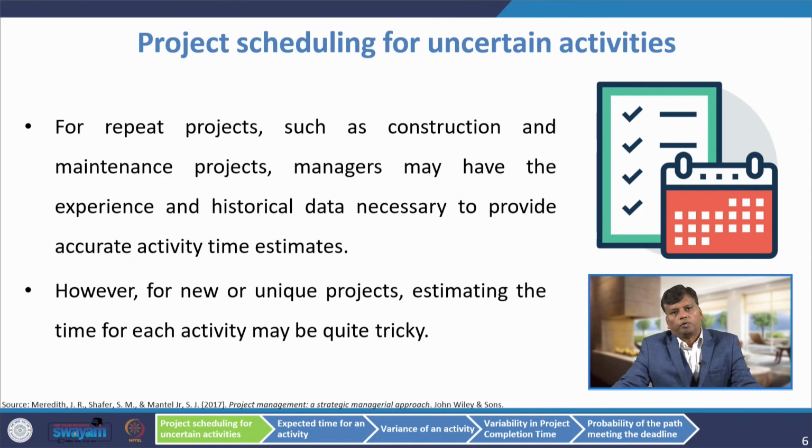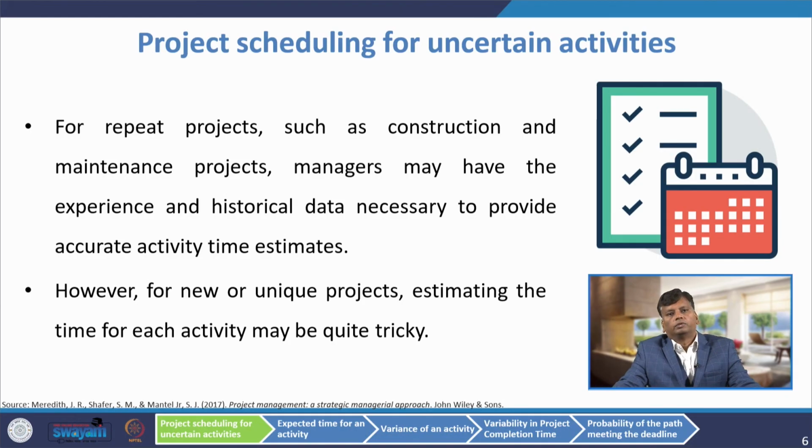For repeat projects such as construction and maintenance projects, managers may have the experience and historical data necessary to provide accurate activity time estimates. If it is a very repeated project, the estimation of activity time is very easy. By seeing historical data, we can use it as it is.